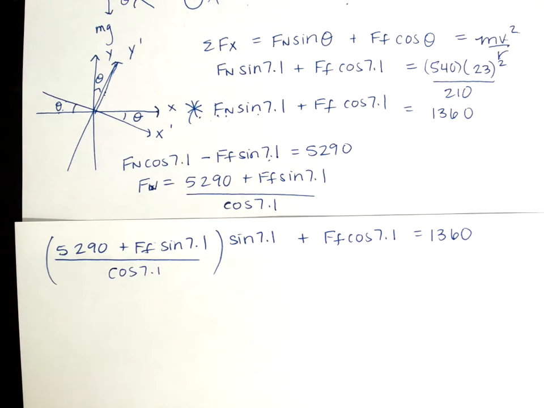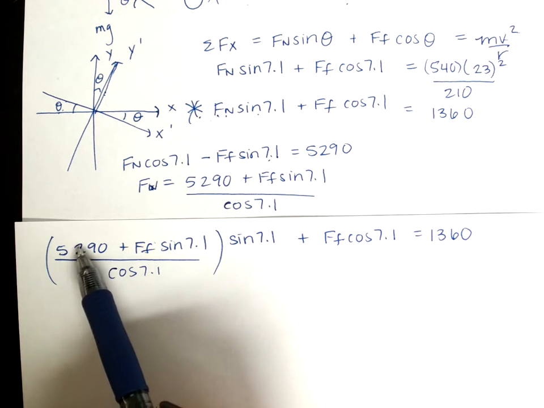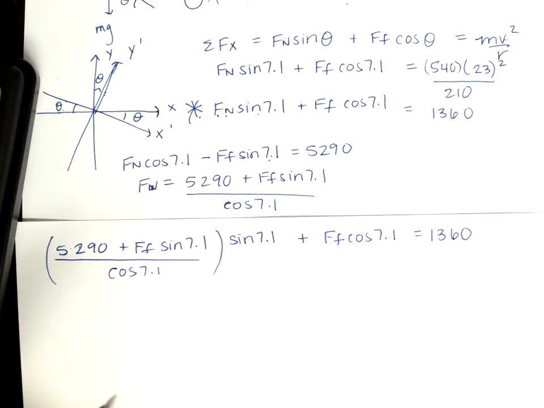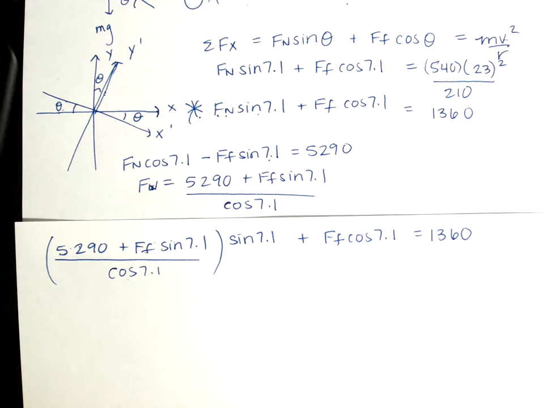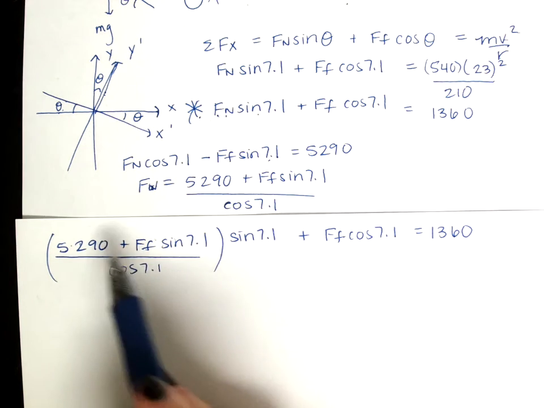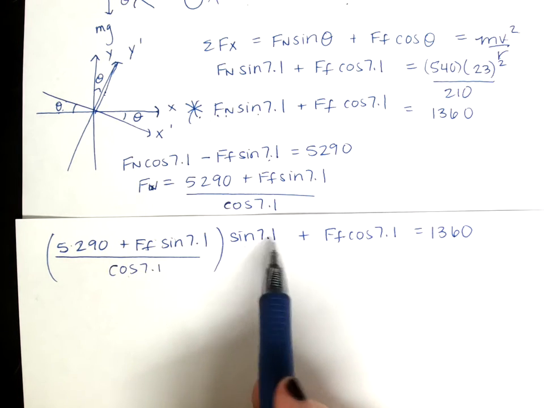So the first step I'm going to do is divide this number, 5,290, divided by cosine 7.1. And I'm also going to multiply it by sine 7.1 while I'm at it.